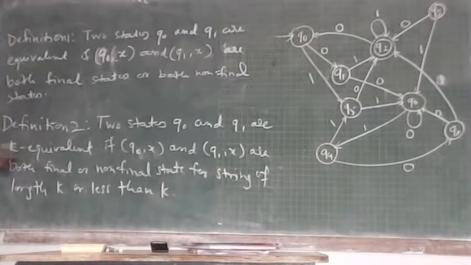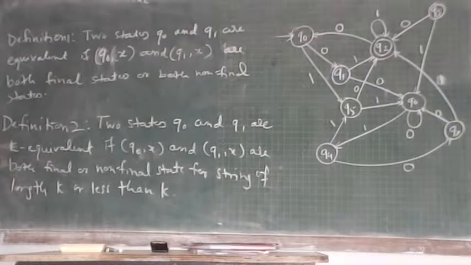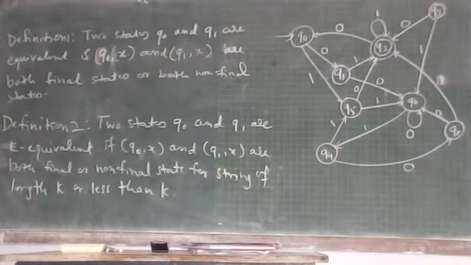K is some number, for example 1, 2, 3, 4. The two states Q0, Q1 are K equivalent if Q0x, Q1x are both final or non-final for strings of length K or less.